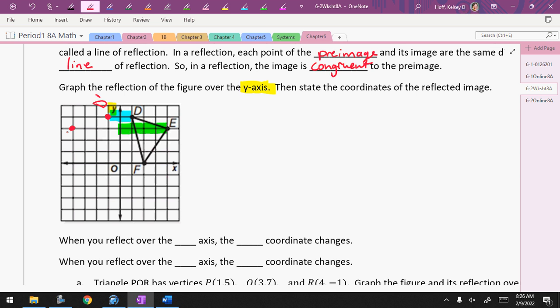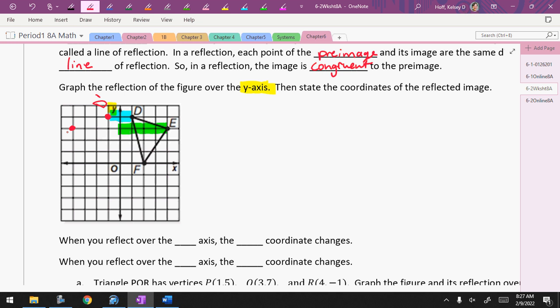So E right here, what I do is I'm trying to count to the y-axis, right? 1, 2, 3, 4 gets me to the y-axis. Now I have to count because I'm going to flip it over. I have to count 4 on the other side. So now I restart. 1, 2, 3, 4. Every letter that's on there, you're trying to get to the y-axis and over the y-axis. Yes, we have to move D, E, and F over that y-axis. Great question.